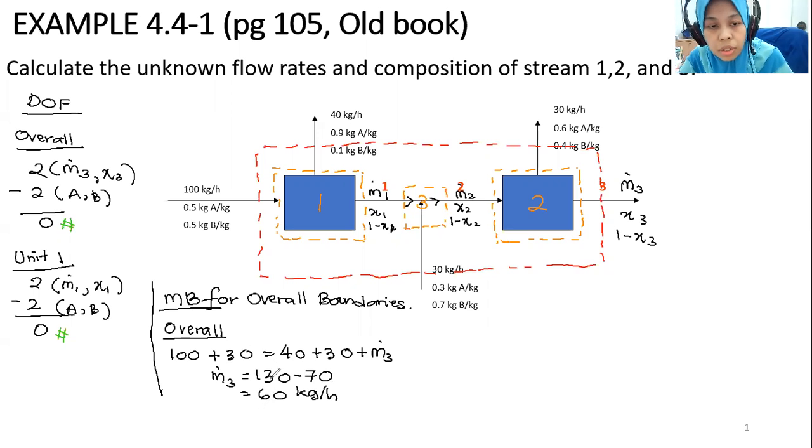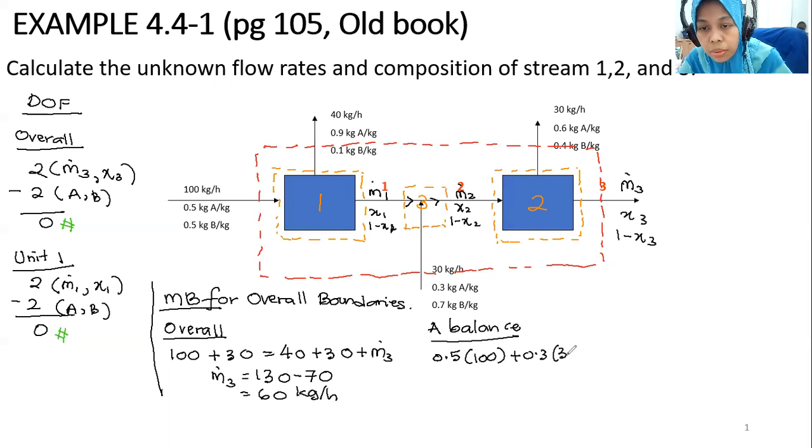Now we start with the substance balance for the overall boundary. So I do the calculation for the A balance. 0.5 times 100 plus 0.3 times 30 equals 0.9 times 40 plus 0.6 times 30 plus x3 times M3, which is 60.